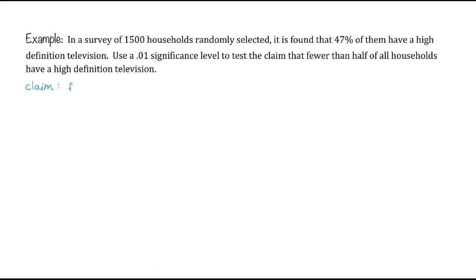The claim is that fewer than half of all households have a high-definition TV. Symbolically, we can write this as p is less than 0.5. We use p since we're discussing a proportion, and we write less than 0.5 because the claim is fewer than half.